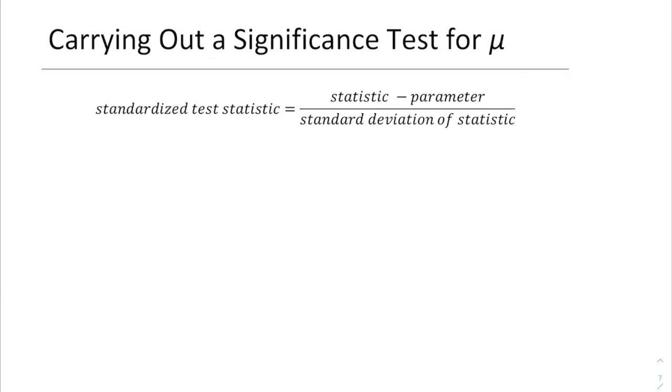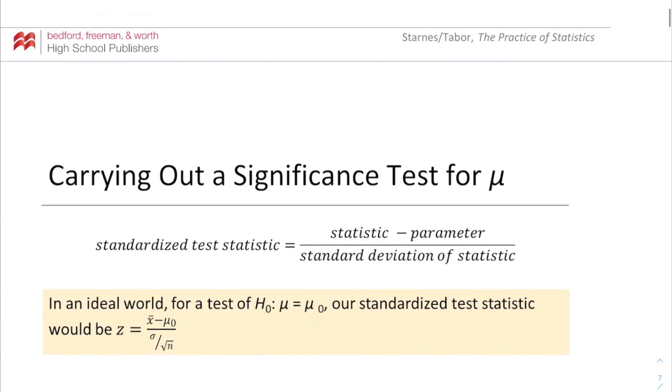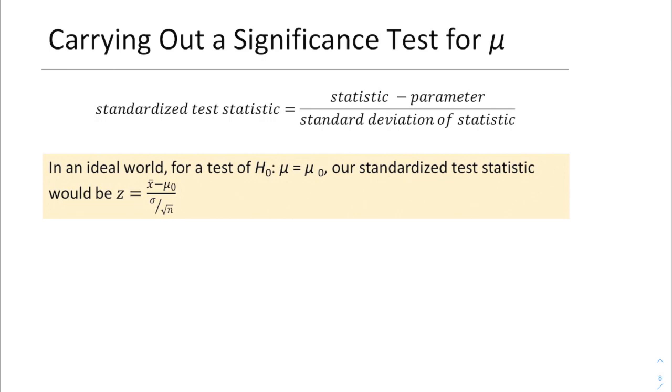All right, so whenever you start carrying out the test, remember your test statistic is equal to the statistic, the sample value, minus the parameter value, the population value, divided by the standard deviation. So when you put that into symbols, if you know the standard deviation of the population, that's the ideal situation, then you're using Z. Z is equal to X bar minus mu over sigma divided by the square root of n.